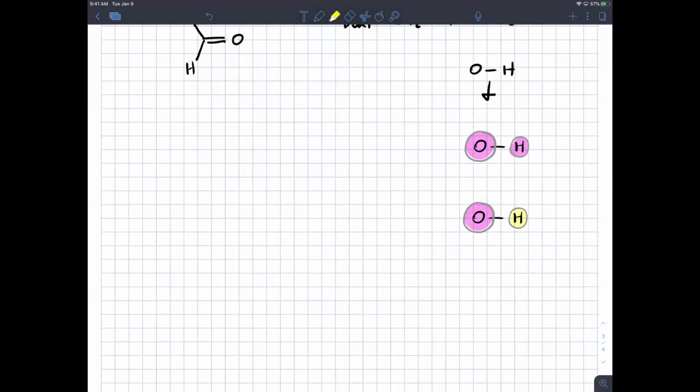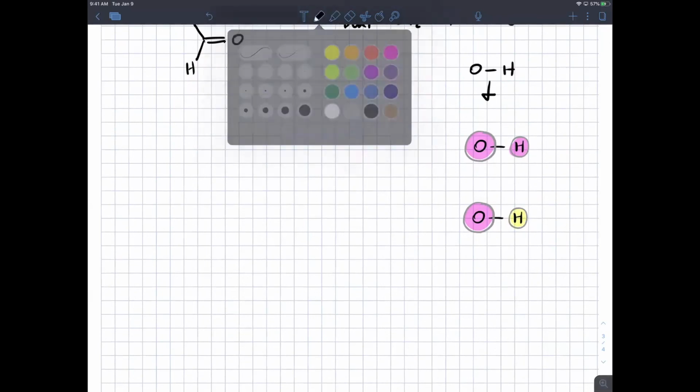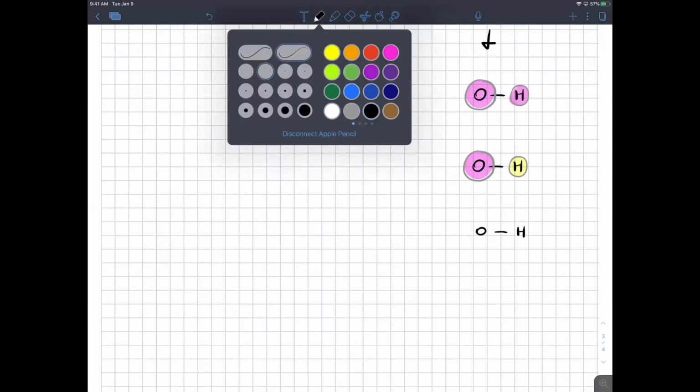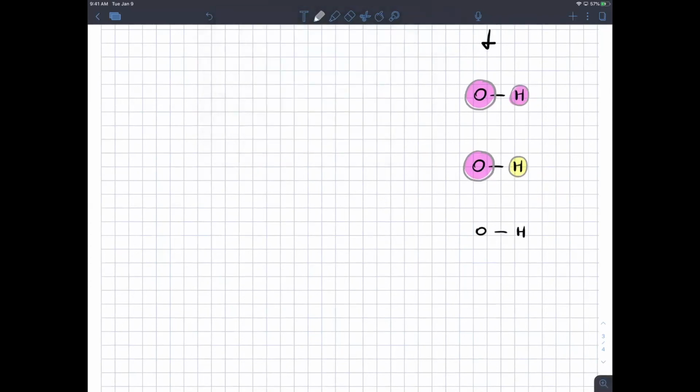And then what else? Well, I think you'd probably have the p orbital on oxygen overlapping with the s orbital on hydrogen. Oh, probably this would just engulf the hydrogen.